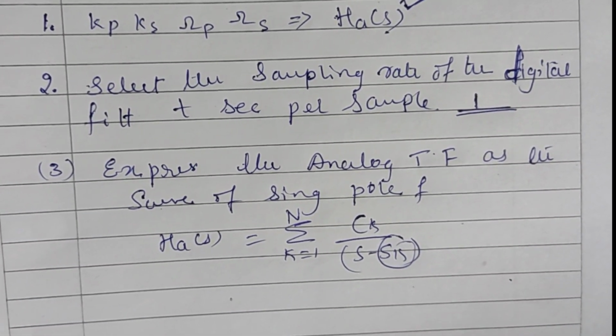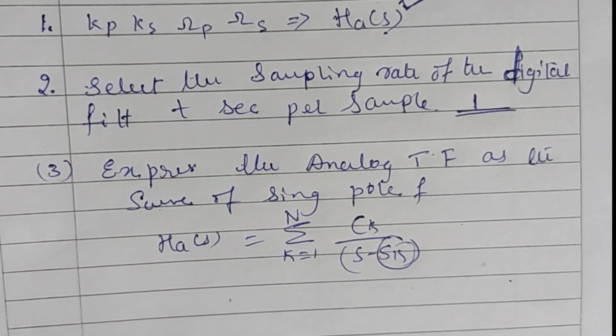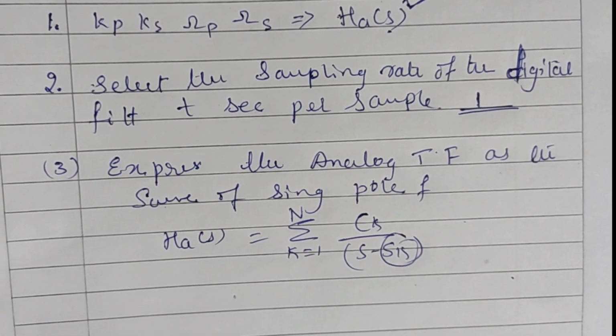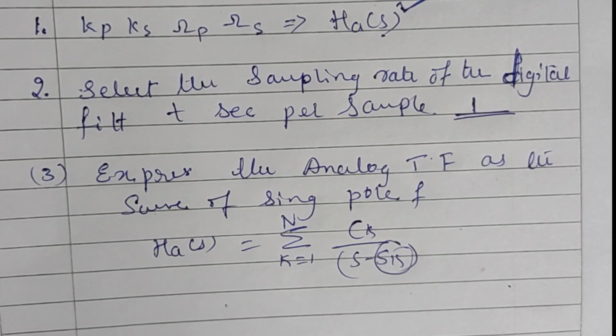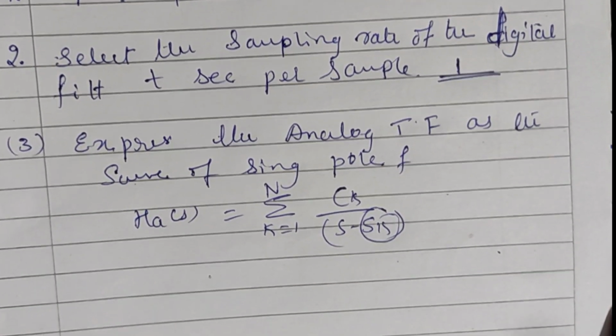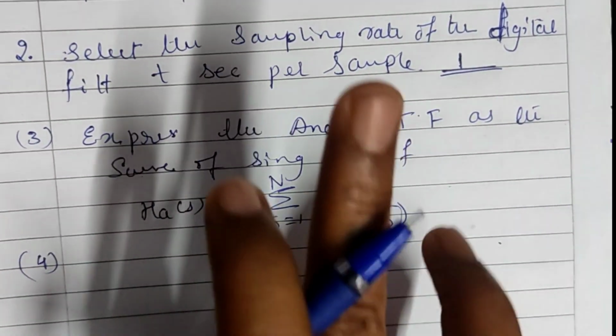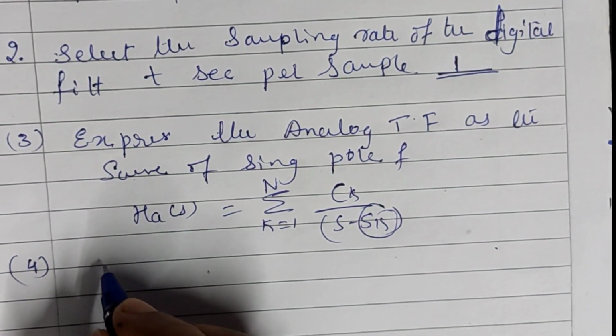That we have to remember. The entire procedure by which we calculated HA of S earlier we have to apply, but in most question papers they provide it directly. That is the advantage we have. If not, we first have to find the HA of S analog filter.